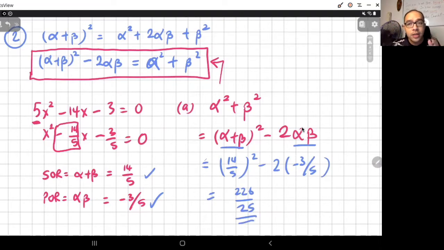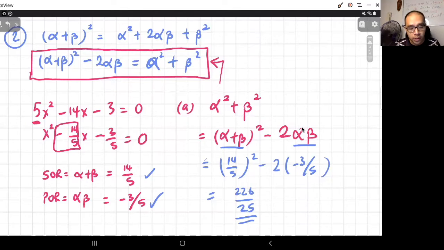All right. Now the reason why I emphasize this method, instead of finding alpha and beta separately, is that there is actually another method. But the reason why I emphasize this method is because this method is more often asked, and if you know this method, you can basically answer any quadratic equations question.